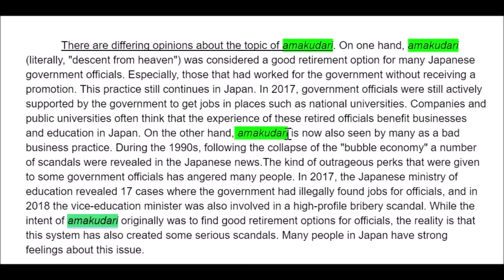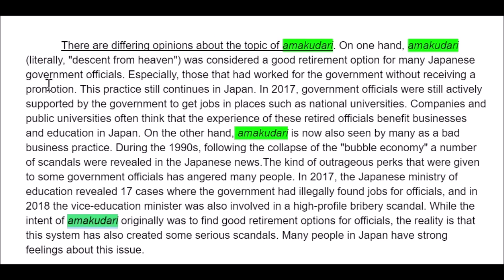We use italics for writing non-English words that are not very well known by English speakers. So in this case, Amakodari is quite a Japanese idea, so we put it in italics.